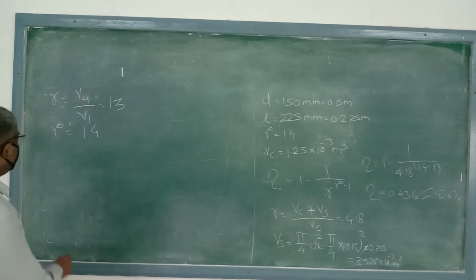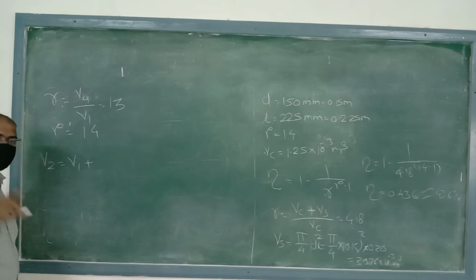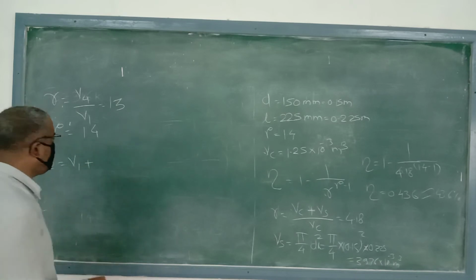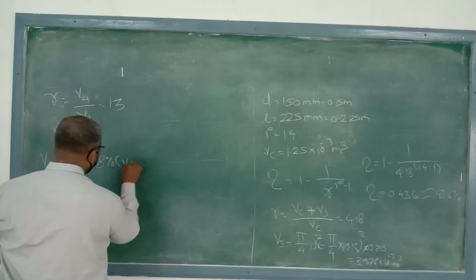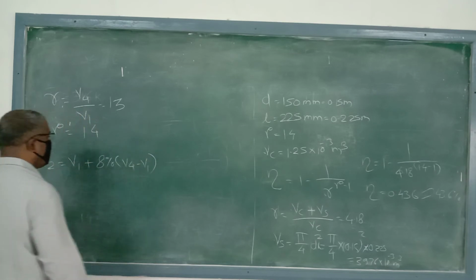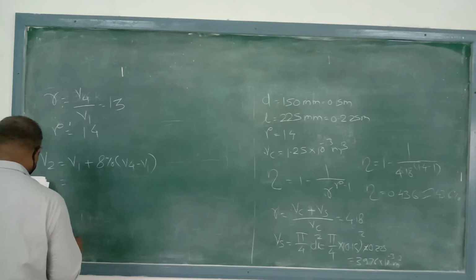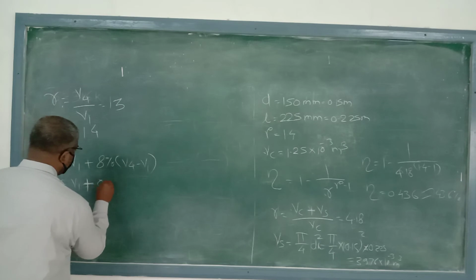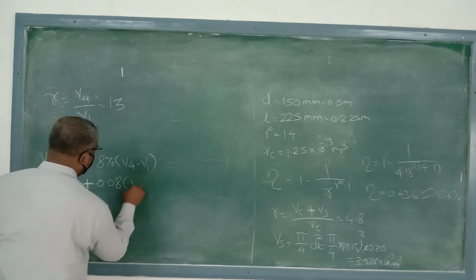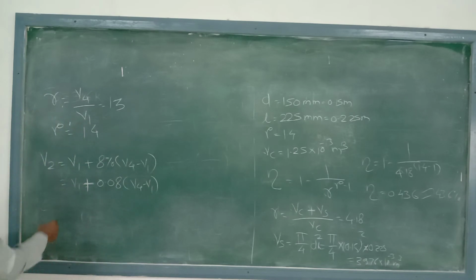So we know that V2 is equal to V1 plus 8% of V4 minus V1, that is 0.08 (V4 minus V1).